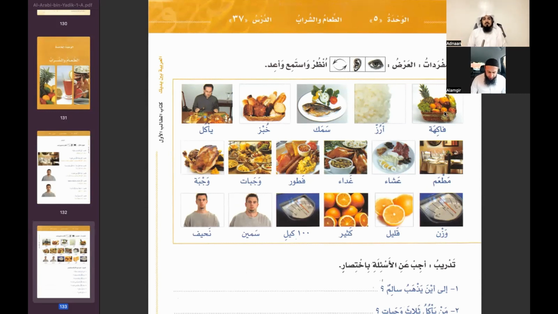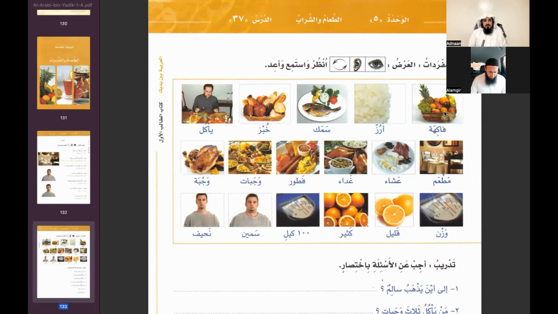فاكهة. Fruit. الرز. Rice. سمك. Fish. خبزة.